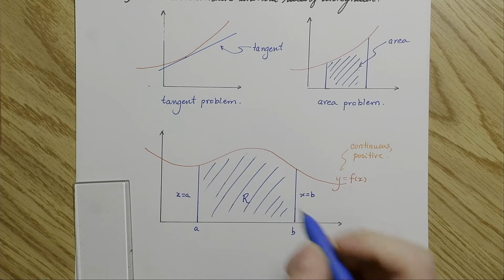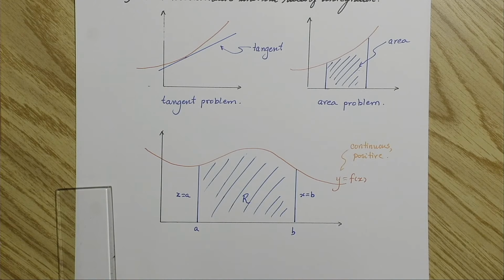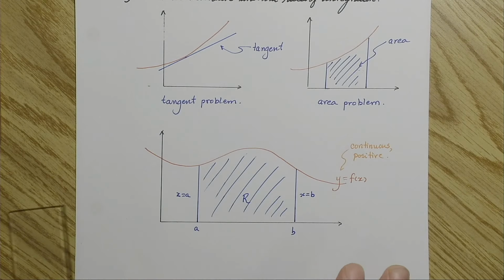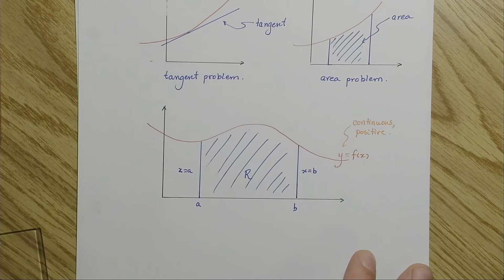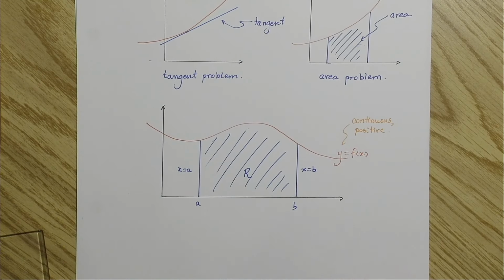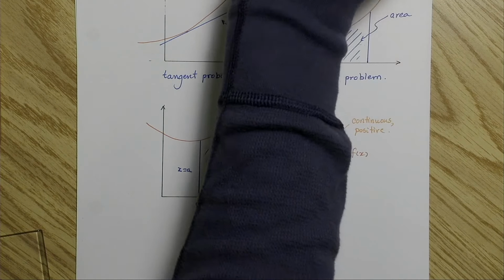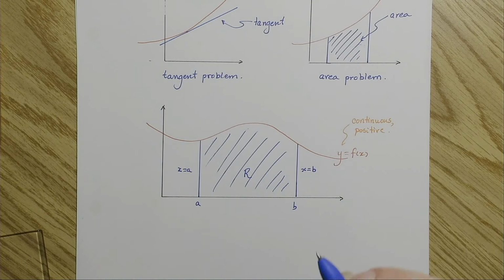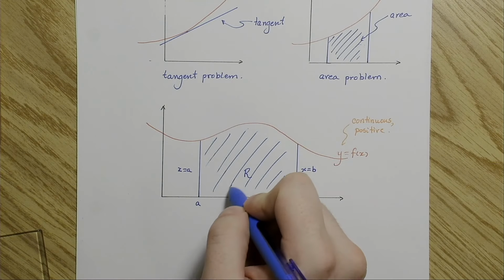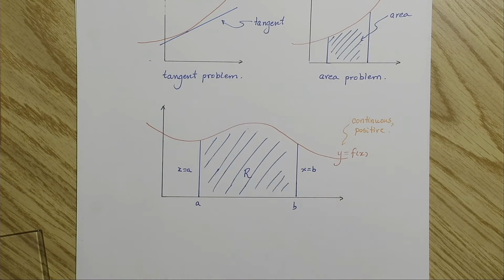We'll call this the region R. So the problem becomes, what is that value? That's basically it. It's very simply stated. There's nothing else that I need to do.